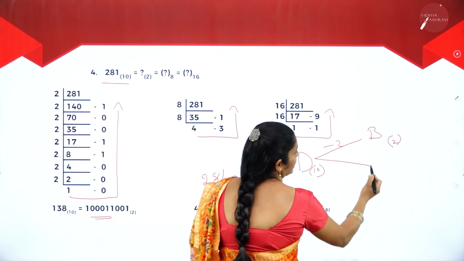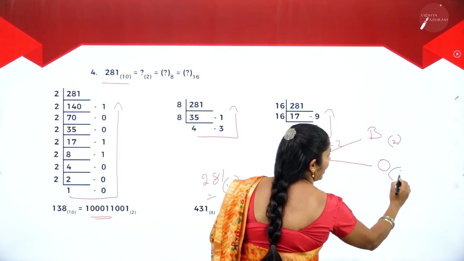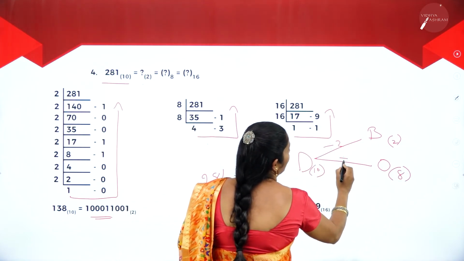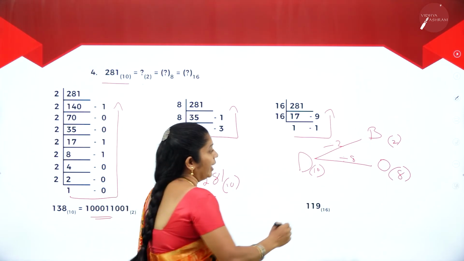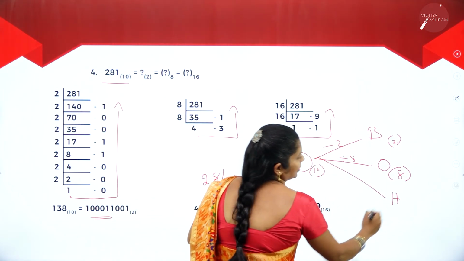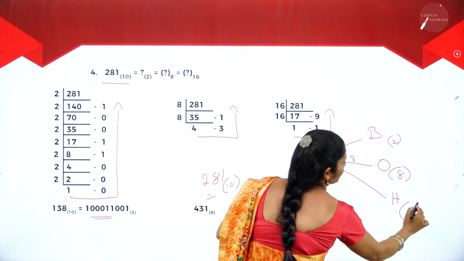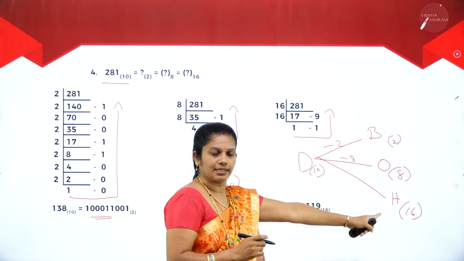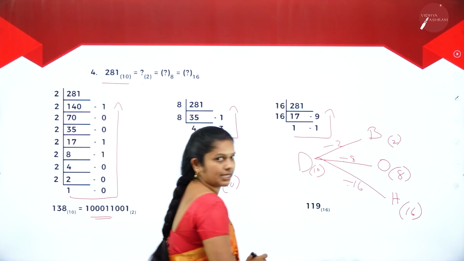If I want to convert a decimal number to octal, then the base we have is 8. That's why the division process only, divide by 8 only. If I want to convert a decimal number to hexadecimal, the base we have is 16. Then here also, to convert any decimal number to hexadecimal, once again the division process only, but divide by 16.